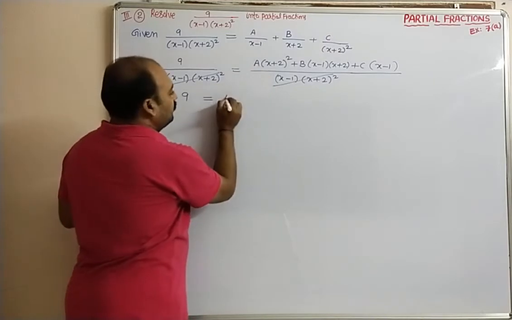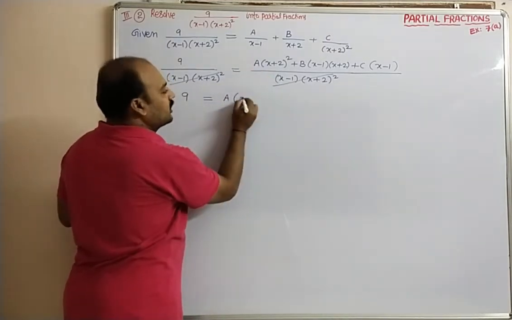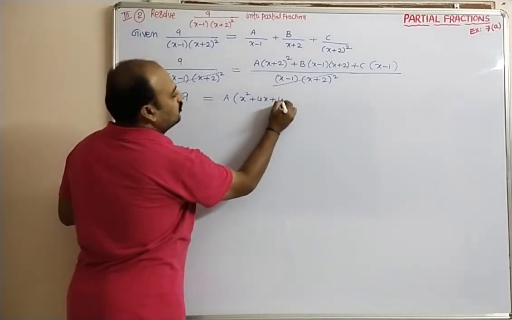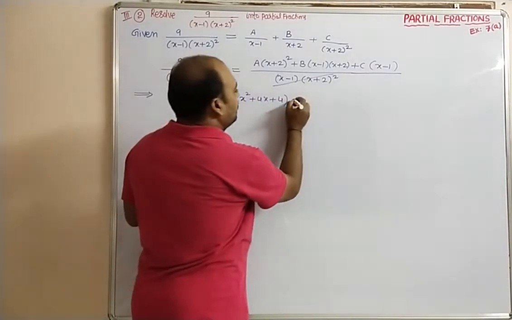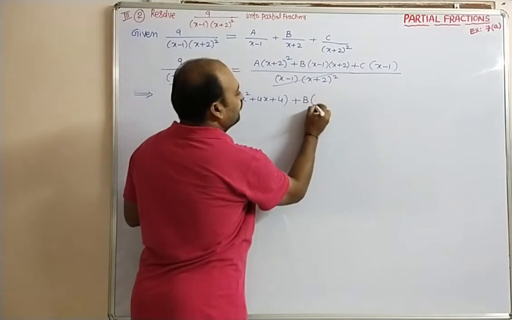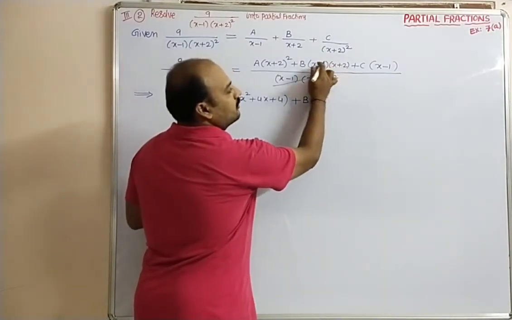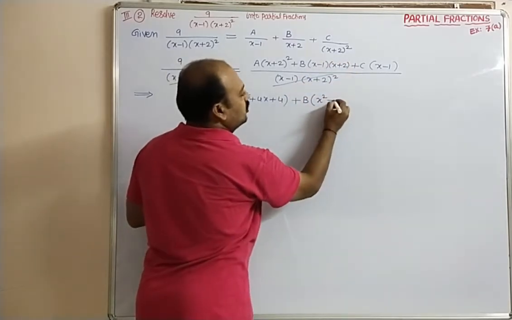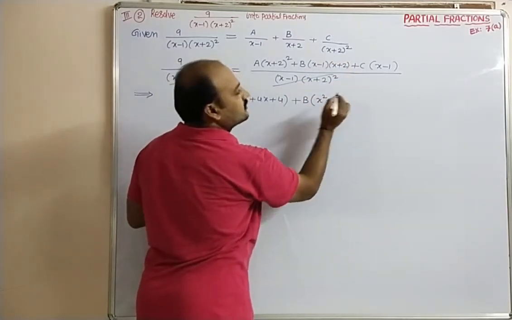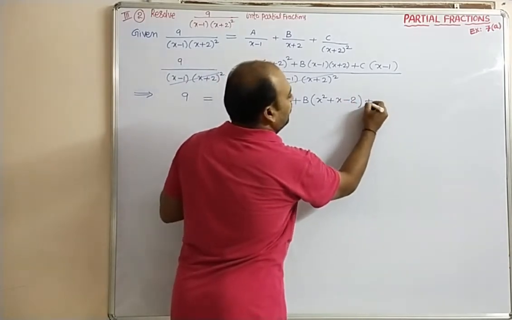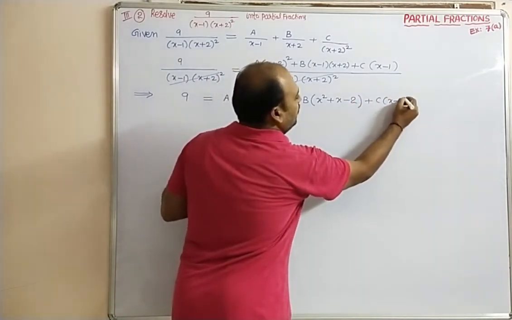The rest of the things, 9 equal to a into x plus 2 whole square expansion, x square plus 4x plus 4, plus b into x square plus 2x minus x, so plus x minus 1 into 2, minus 2, plus c into x minus 1.